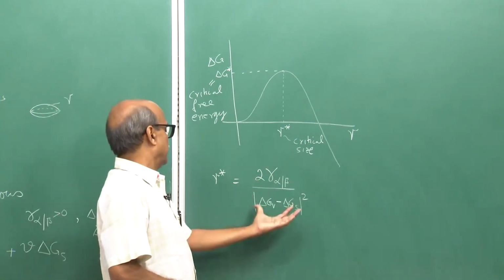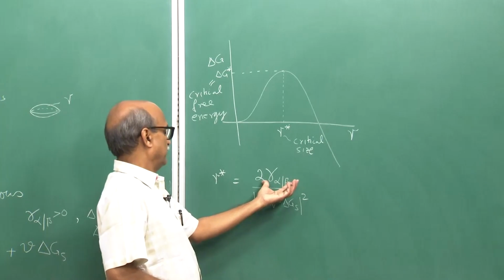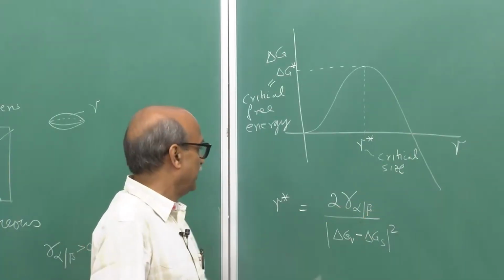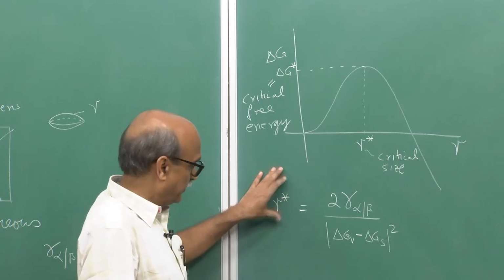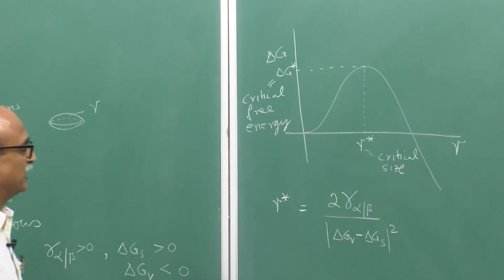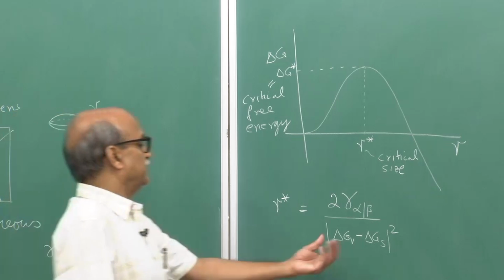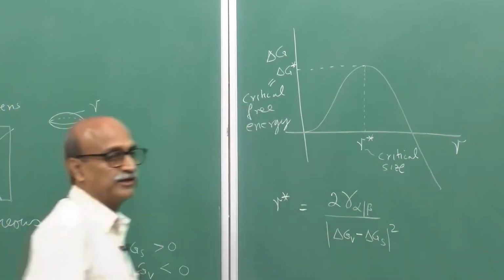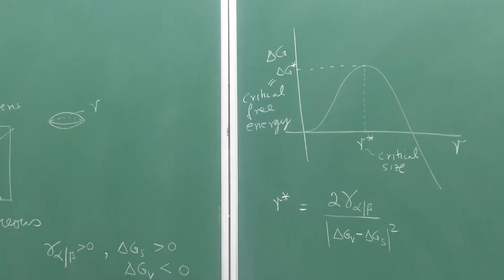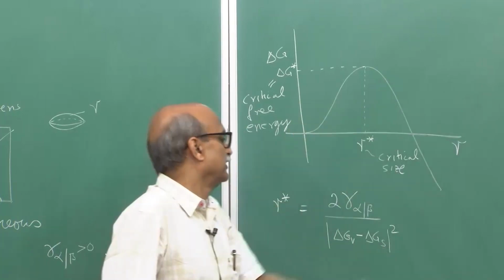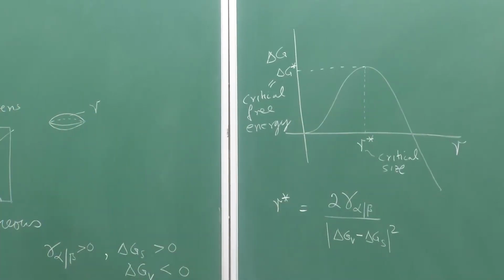So, from this it is very clear that if your surface energy of the alpha beta interface is high, your critical size is going to be high. Similarly, if your strain energy is large, then also delta GV minus delta GS will reduce, and as a result the critical size would increase. That means this peak would shift to higher critical sizes.